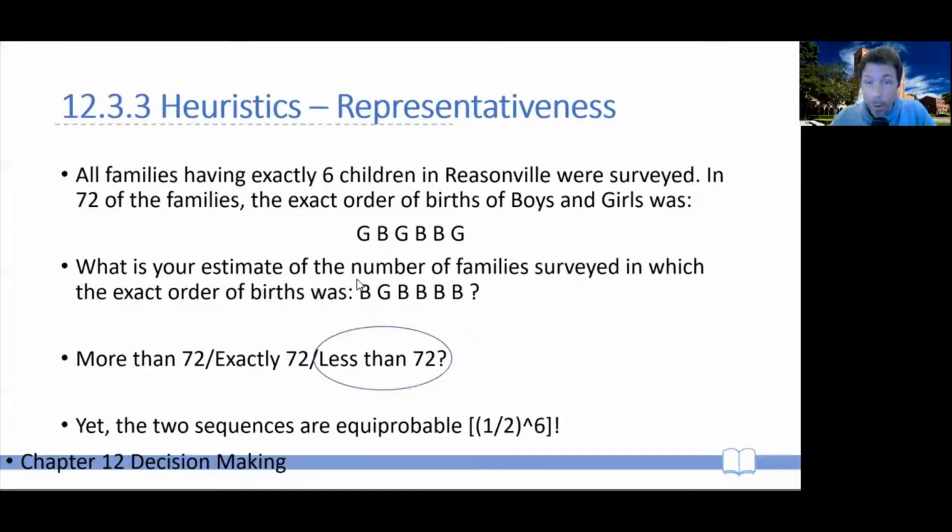What is, according to probability theory, the likeliness of the second sequence? Well, 50% times 50% times 50% times 50% times 50% times 50%. That is to say, 1/2 to the 6th. Again, 1.5%. Any specific sequence of 6 births will have the exact same likeliness of occurring.